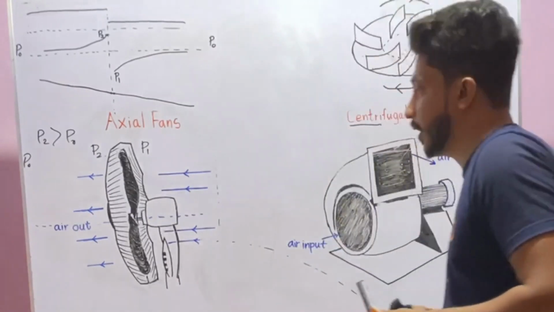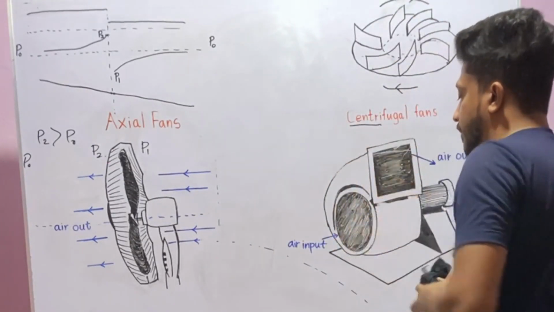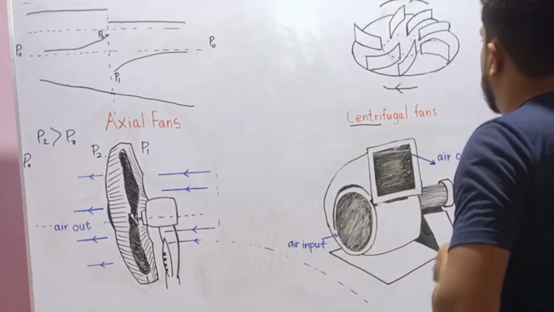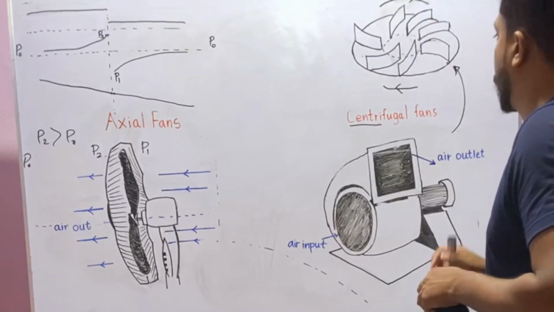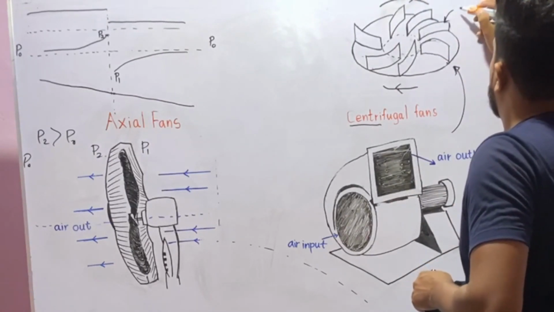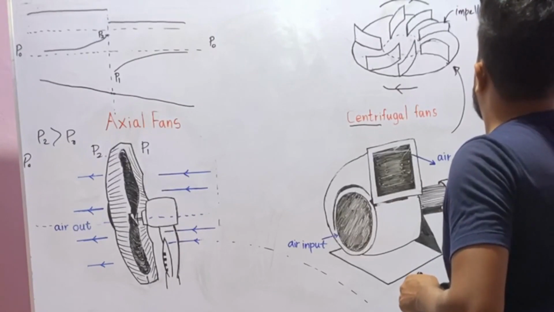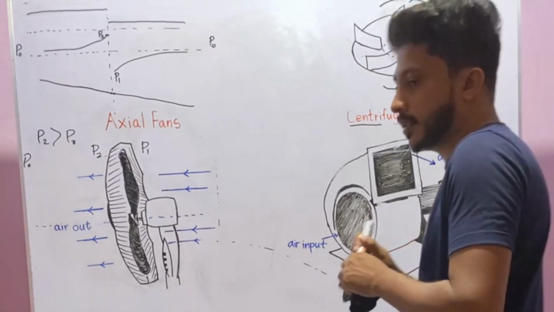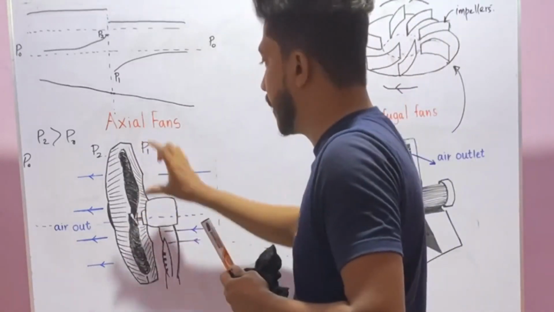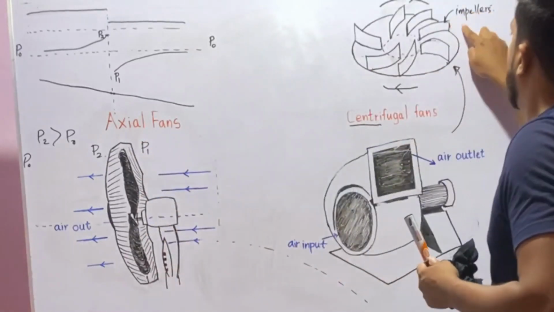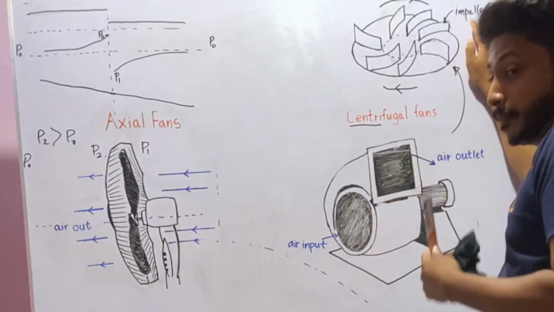Okay, so inside this casing there's something like this. We call these things impellers. In fans we have blades. Like these blades we have impellers.